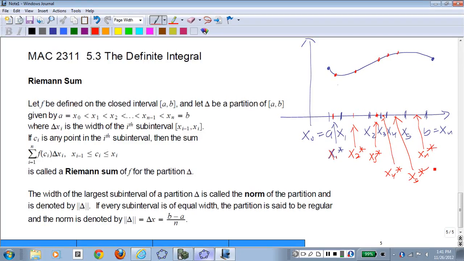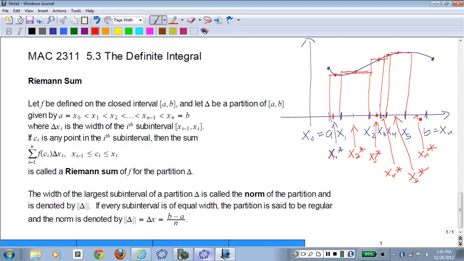Not necessarily at the midpoint or the left endpoint or the right-hand endpoint, somewhere in between the endpoints of the subinterval, we choose those x sub i stars, and we get rectangles. Rectangle there, and a big rectangle there, goes all the way across like that, and not so big rectangle there, and kind of a skinny rectangle right there, and then a bigger one there.